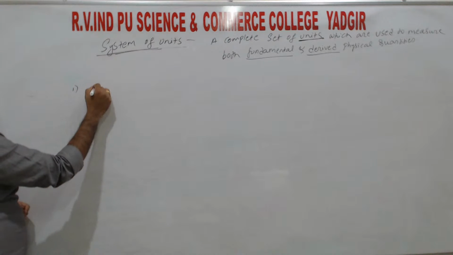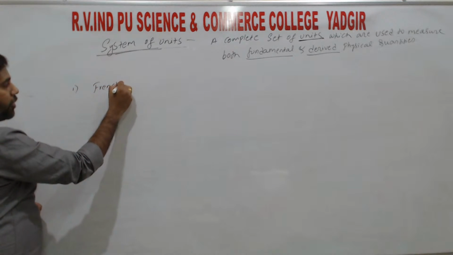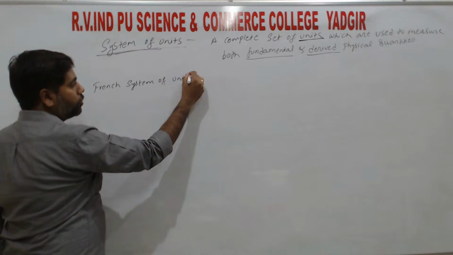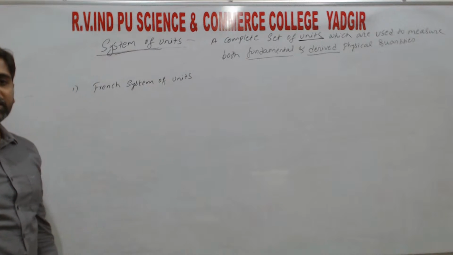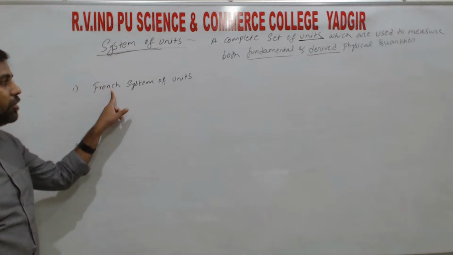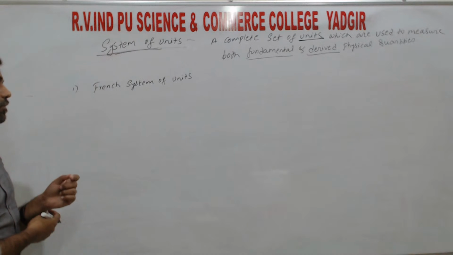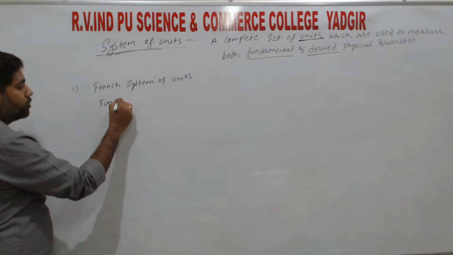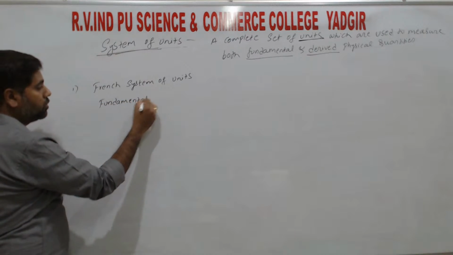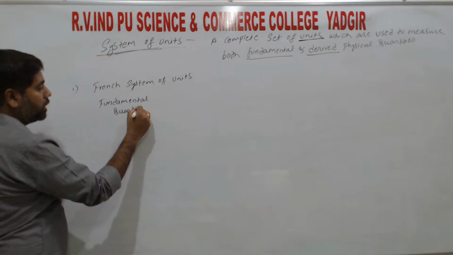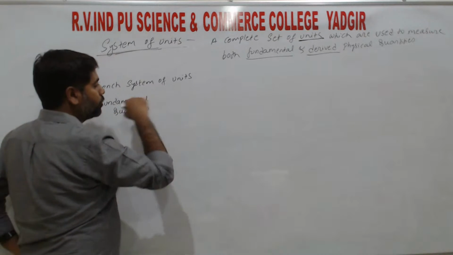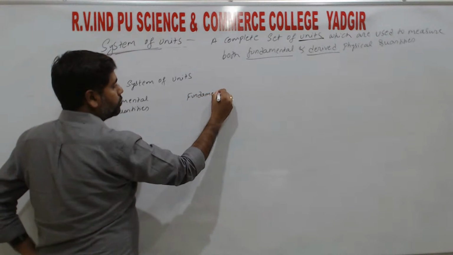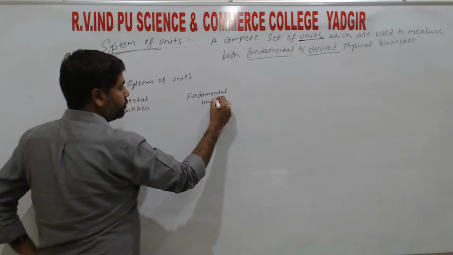So in that, the first one is the French system of units, right. So we have three system of units. In the French system of units, the fundamental quantities and fundamental units, right.